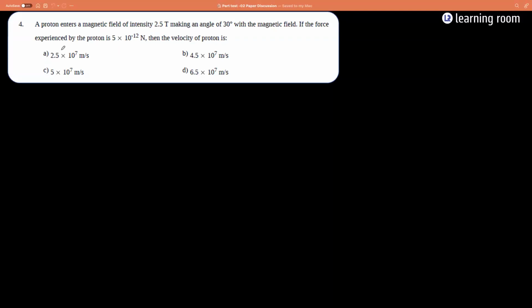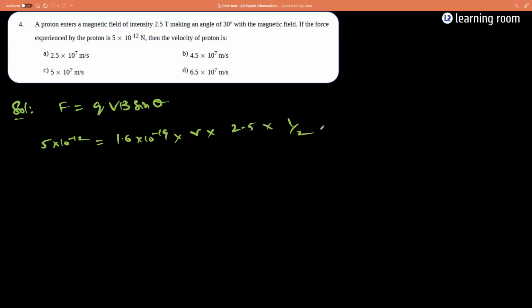A proton enters a magnetic field of intensity 2.5 Tesla, making an angle of 30 degrees with the magnetic field. If the force experienced by the proton is 5 into 10 power minus 12, then what is the velocity of the proton? Force is equal to QVB sine theta. So 5 into 10 power minus 12 is equal to 1.6 into 10 power minus 19 into V, which we need to calculate, into 2.5 into sine 30, which is a half.